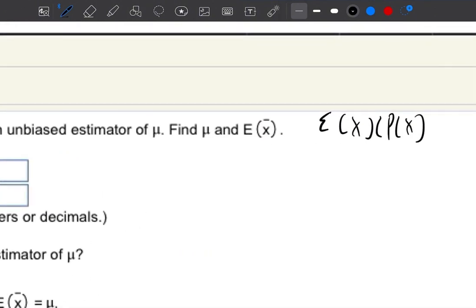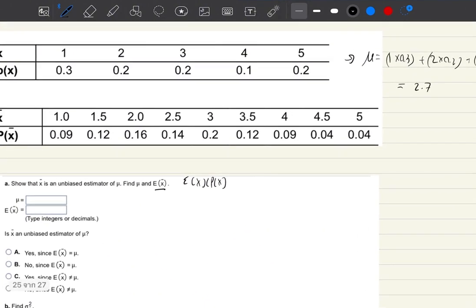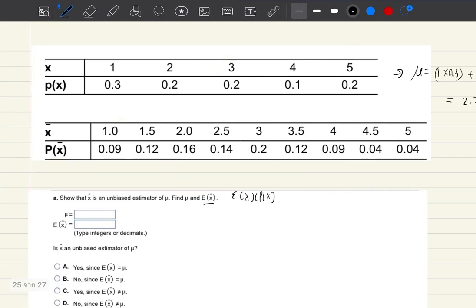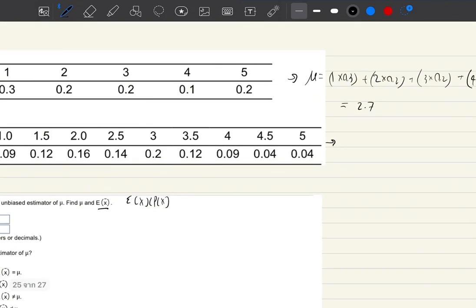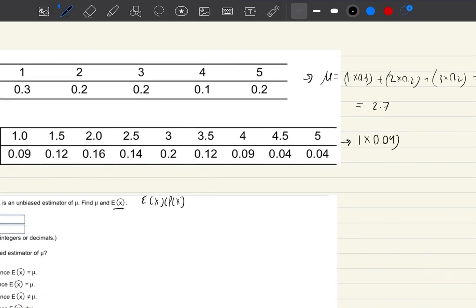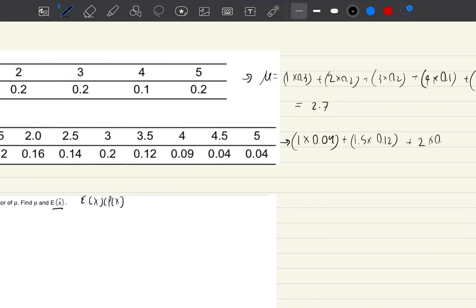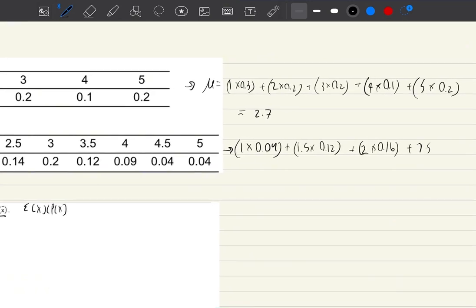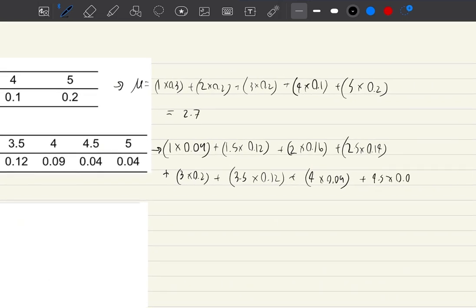And then to find this one, we will use the same strategy, which is x bar times p of x bar. So it's going to be 1 times 0.09 plus 1.5 times 0.12 plus 2 times 0.16 plus 2.5 times 0.14 plus 3 times 0.2 plus 3.5 times 0.12 plus 4 times 0.09 plus 4.5 times 0.04 plus 5 times 0.04.